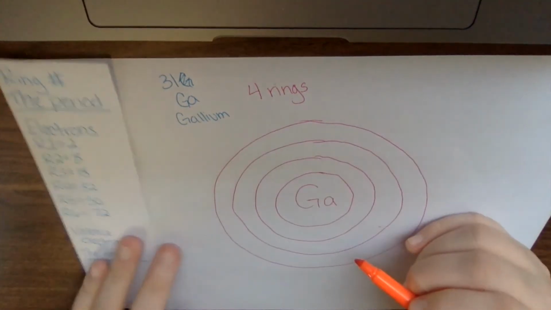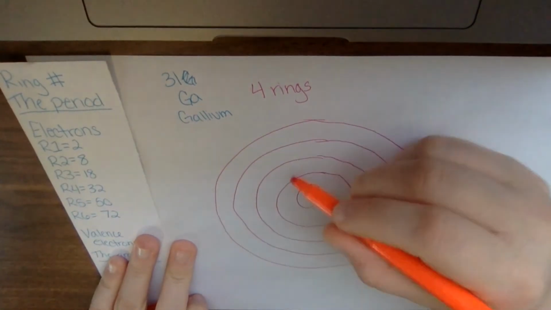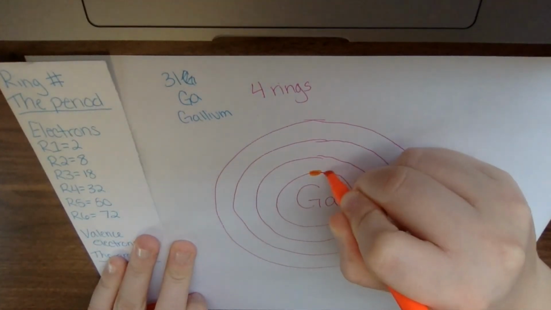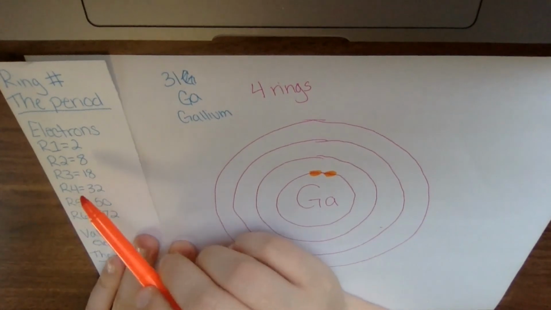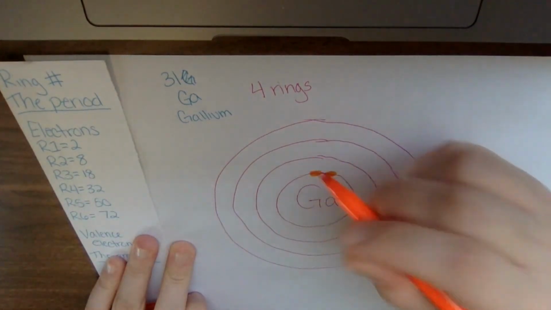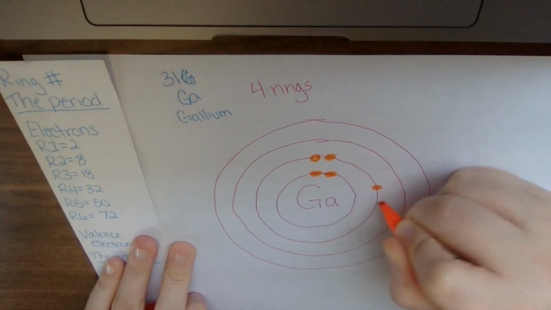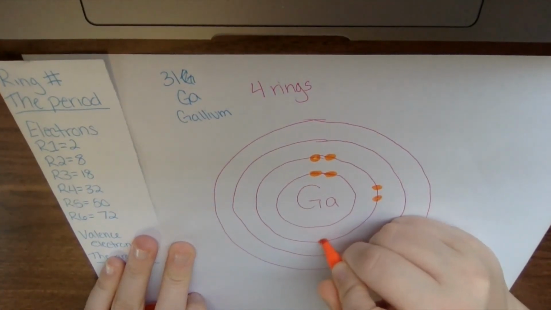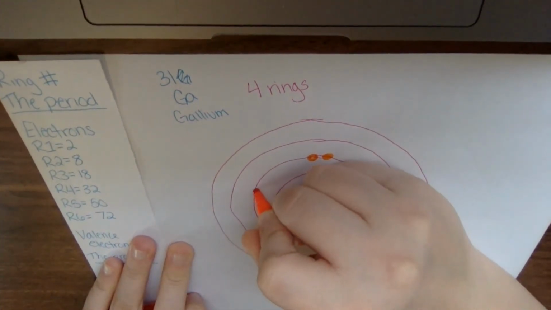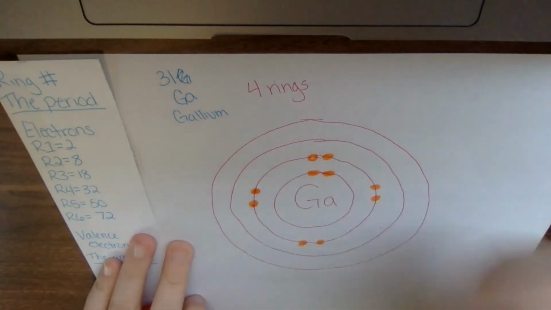So remember, ring 1 can hold 2 electrons, so I have 1, 2. Ring 2 can hold 8 electrons, so I'm going to draw 8 in there, so I have 1, 2, 3, 4, 5, 6, 7, 8.